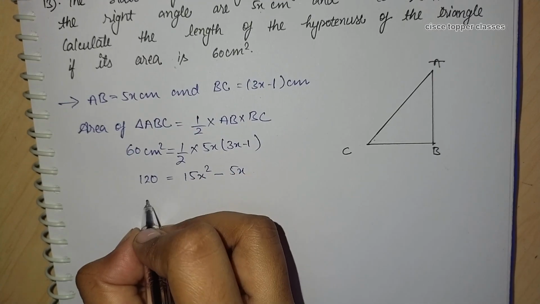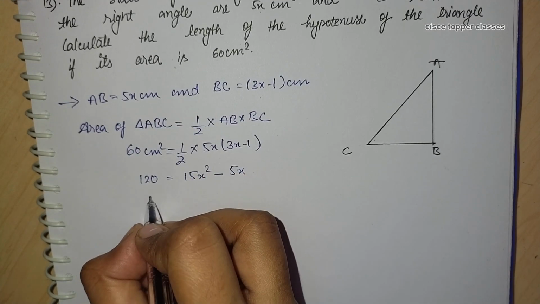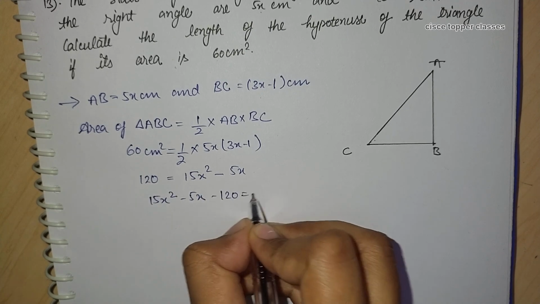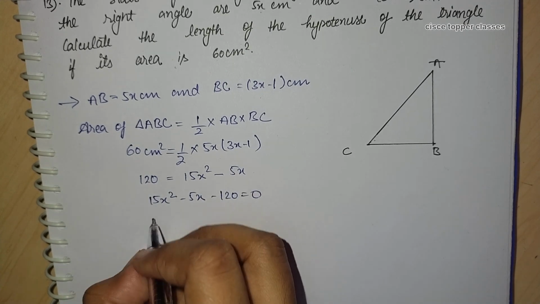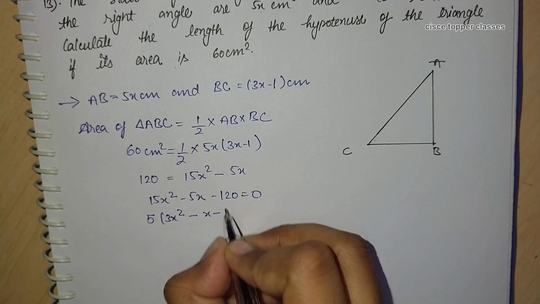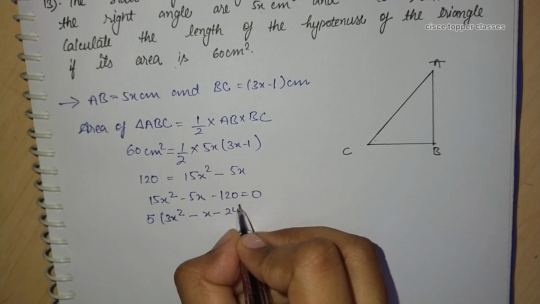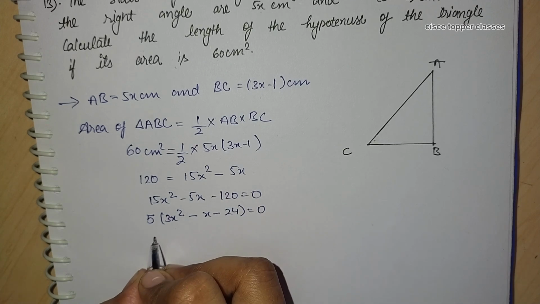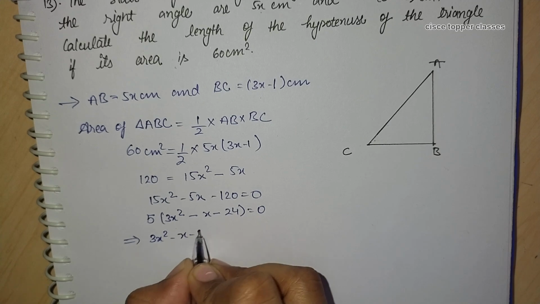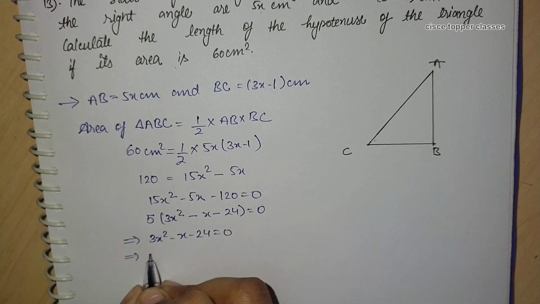So by forming a quadratic equation, we can solve this as 15x square minus 5x minus 120 equal to 0. We will take 5 as common, so this will be 3x square minus x minus 24 equal to 0.